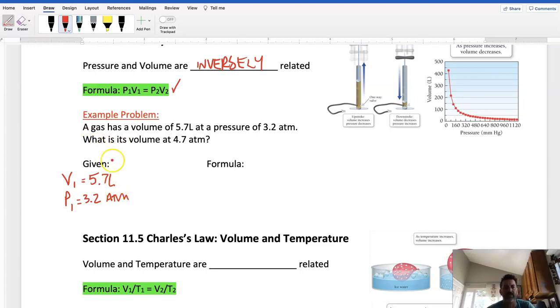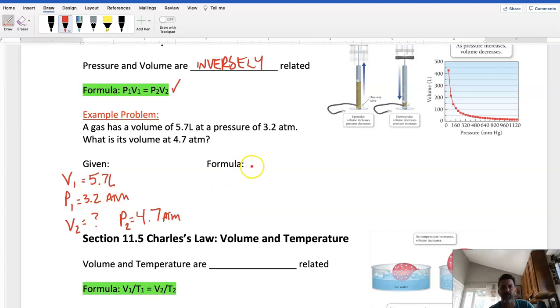Then it says, what is its volume? So V2, question mark, when the pressure is 4.7. So my P2 is now 4.7 atmospheres. Okay, so I have all the given and what I want to find.